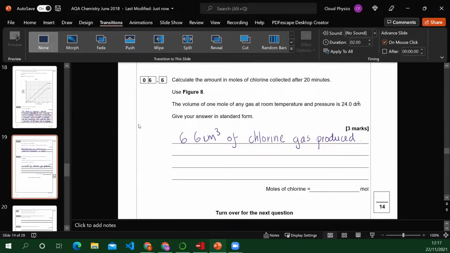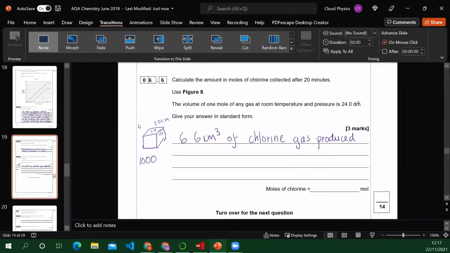Okay, and let's have a look. How many moles? We need to work out how many decimeters this is. A decimeter is a cube with sides 10 by 10 by 10 centimeters. 10 times 10 is 100, times 10 is 1,000.